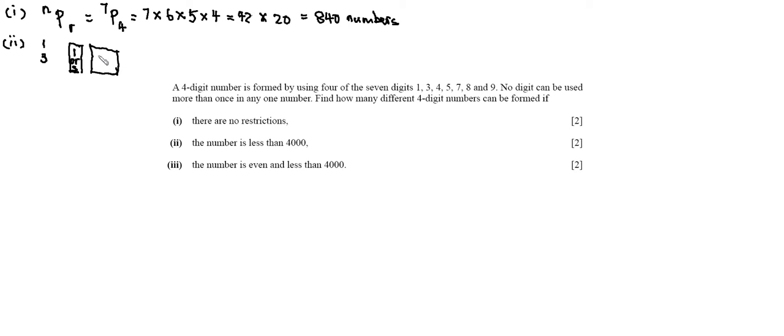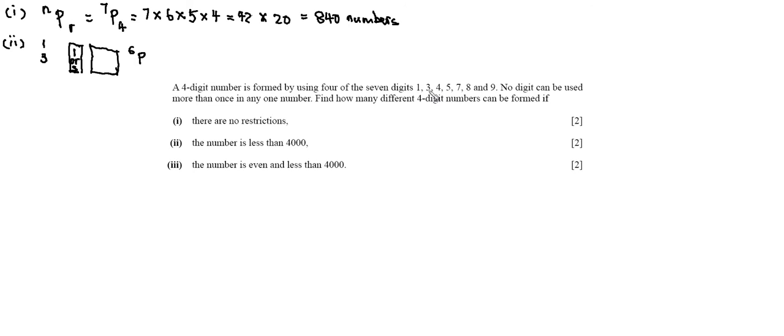If I take 1 and put it in the first block, then the total number of choices left from these 7 numbers is only 6, because one number has been taken out.